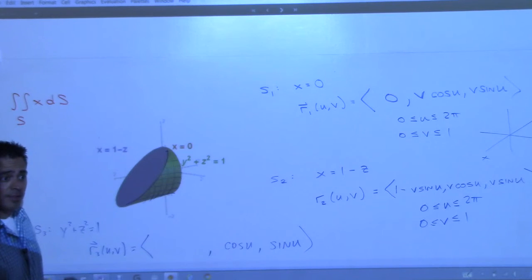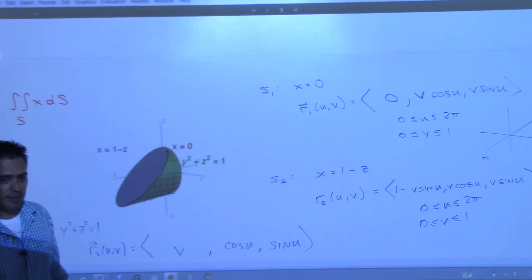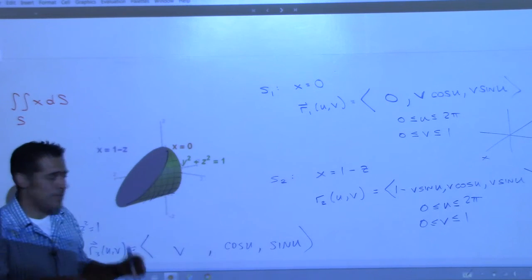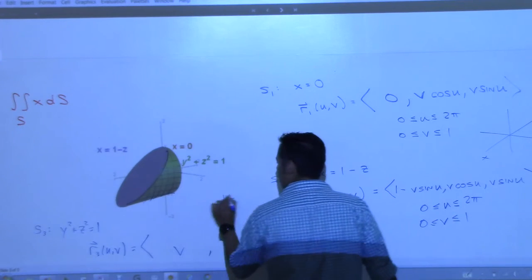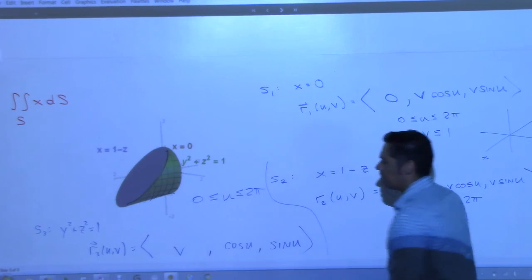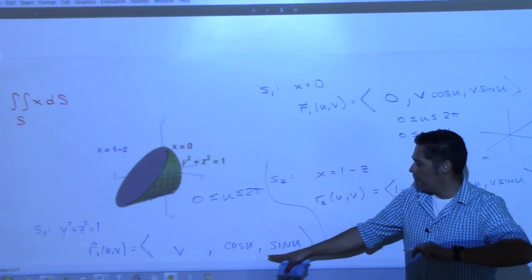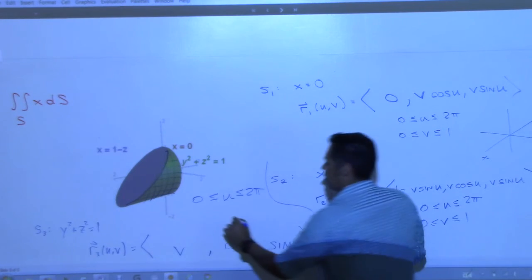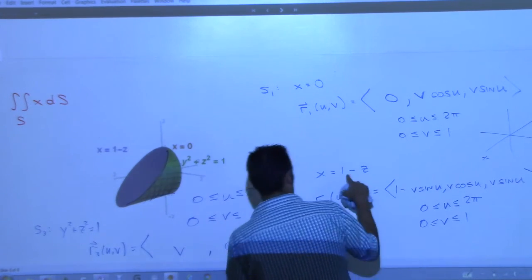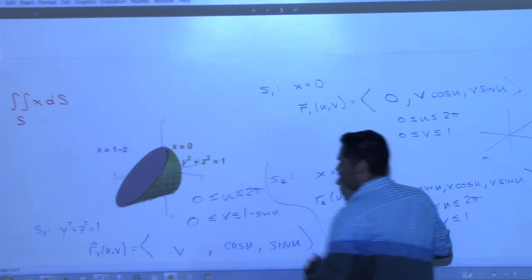So here's what it is. Go home and think about it. We use restrictions on v when we define v. So u is going to be between 0 and 2 pi. That's going to draw us circles. Then our v is between 0 and 1 minus z, but for us that's 1 minus sine of u.